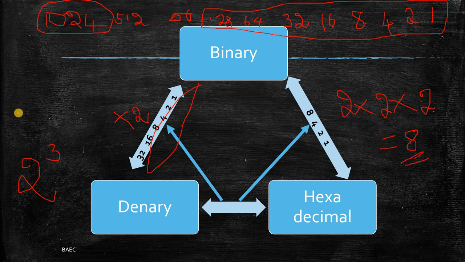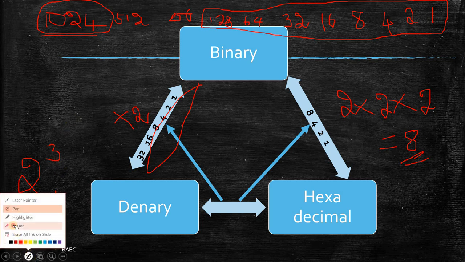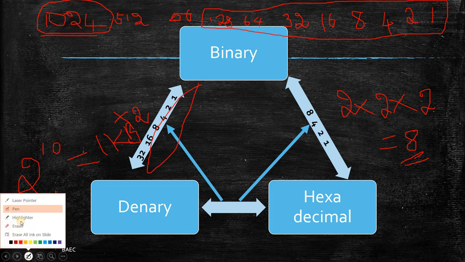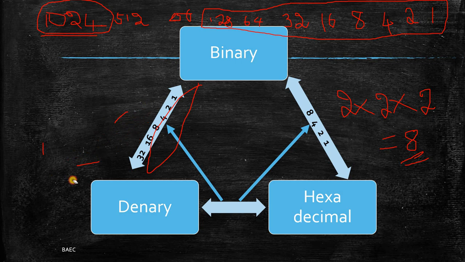So if you want to reach 1024, that is going to be 2 to the power 10. 2 to the power 10 is equal to 1 kilobyte. That is another area we will cover later. Now I hope you understand why we use 1024 in computers, not 1000.